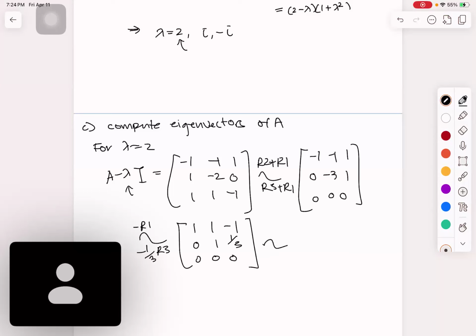And we can take R1 minus R2, and go 1, 0, -2/3, 0, 1, 1/3, 0, 0, 0.